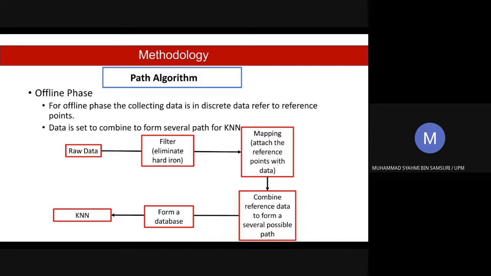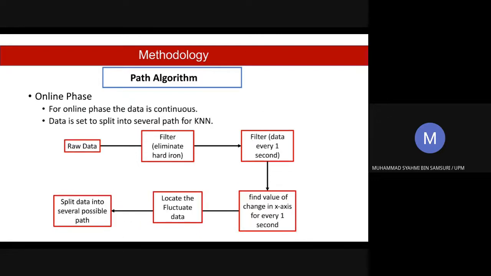The flow is as shown in the figure. First, from the raw data, we filter to eliminate the hard iron, and then mapping, which is attaching the reference point with the data, and then making it a database. We combine the reference data to form several possible paths, and then form the database, ready for KNN algorithm matching.